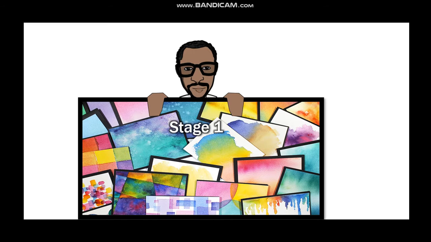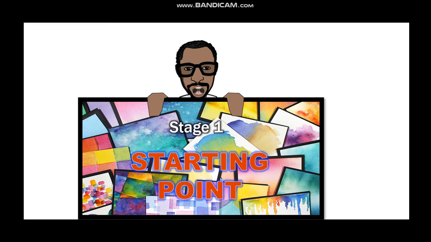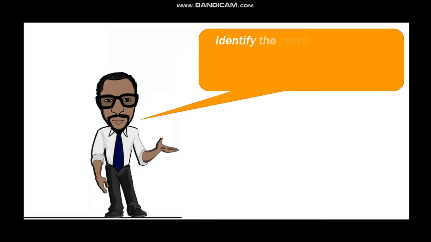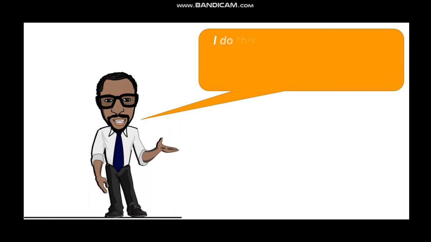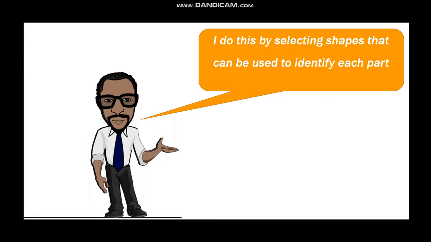So, stage 1. The starting point. Now we have to identify the parts or sides of the object and treat each separately. I do this by selecting shapes that can be used to identify each part.